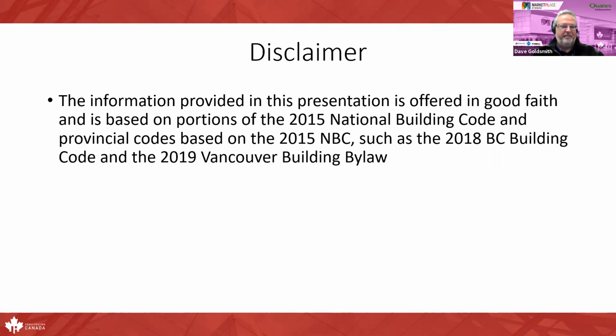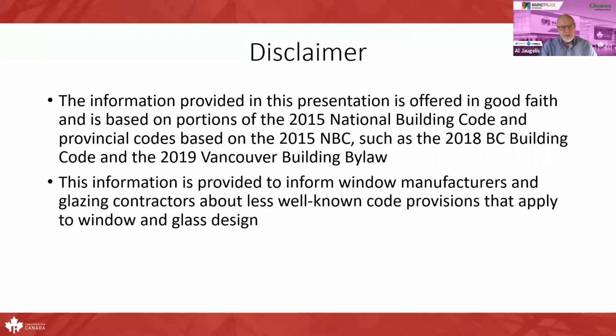That's right, NBC 2019 Alberta version. Okay, there we go. So this is information that should be code pretty much coast to coast, except for a province or two in Atlantic Canada that are still in the 2010 National Code.